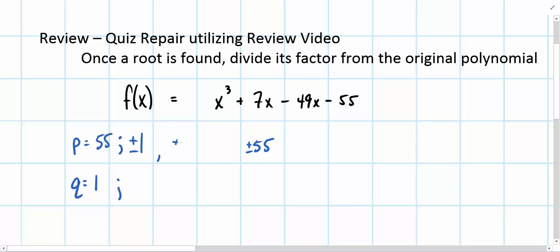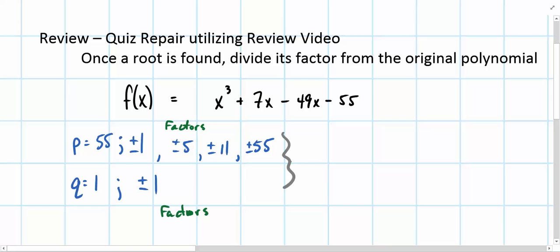Then I have a positive and negative 5, which multiplies by a positive and a negative 11. And those are all the factors of my 55. Fortunately, since our leading coefficient is a 1, the only factors of 1 are positive and negative 1. This is going to make utilizing the rational roots theorem a little bit easier.